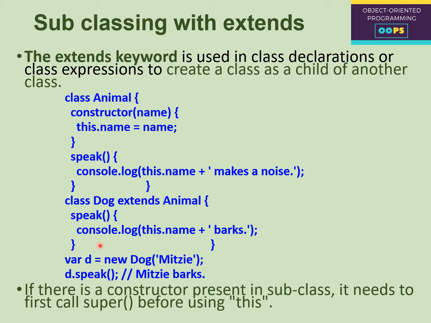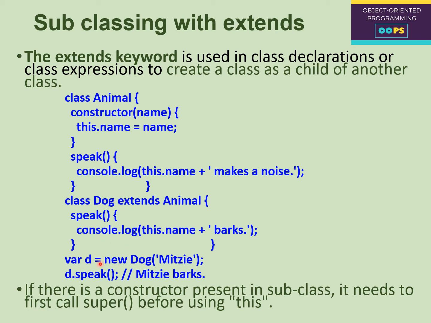So in speak, console.log of this.name: the name is already inherited from Animal, plus barks. So this is the Animal class with its speak function, and after that the Dog class definition is closed.